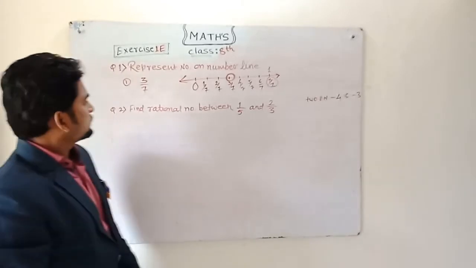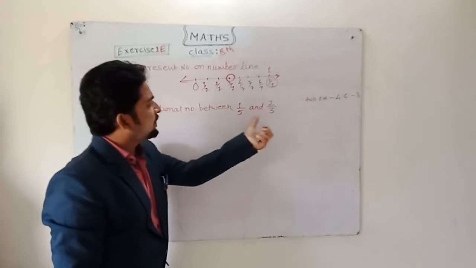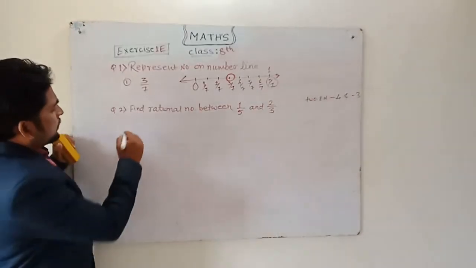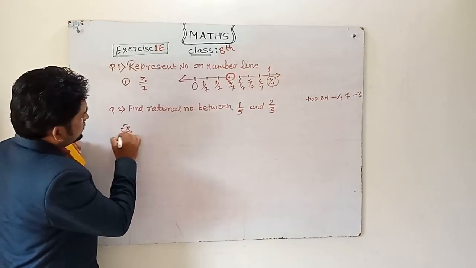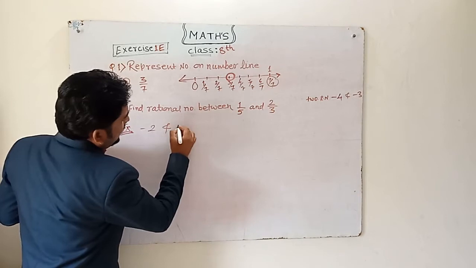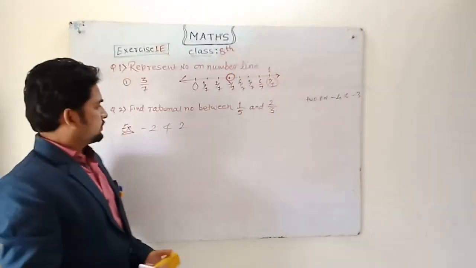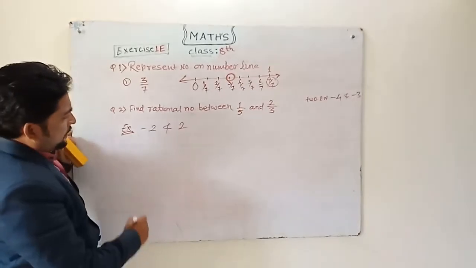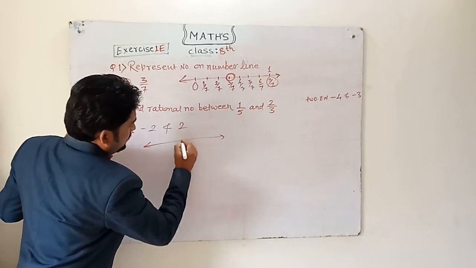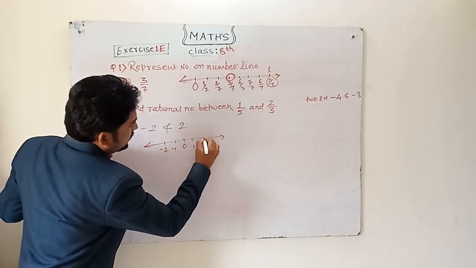Now find rational numbers between 1 by 5 and 2 by 3. For example, if they ask for rational numbers between -2 and 2, how can we simply find the numbers in between? 0 here, -1, -2, 1, 2.